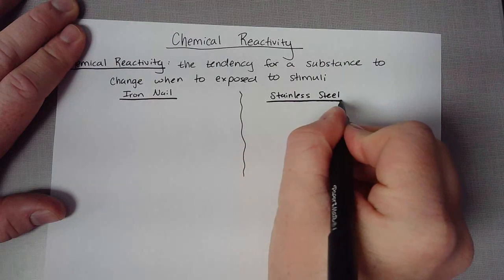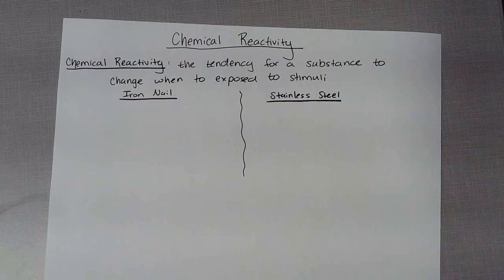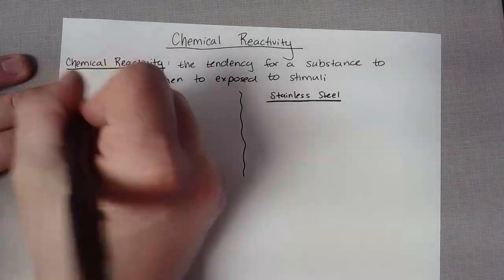Now, iron is an element, while stainless steel is an alloy, which means it's a combination of different elements melted and mixed together. That doesn't really matter. For our purposes, we are comparing two different metals. The fact that they're nails doesn't really matter. Nails are just something easy to draw.